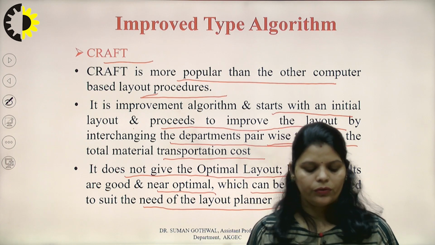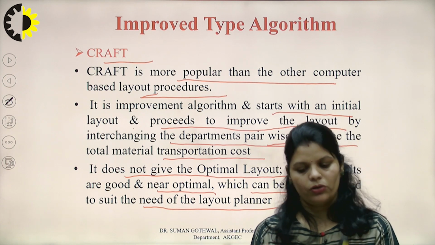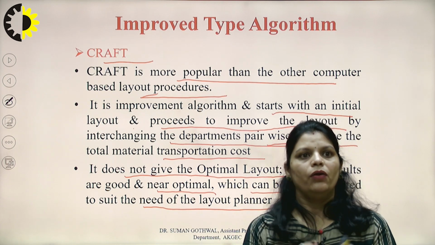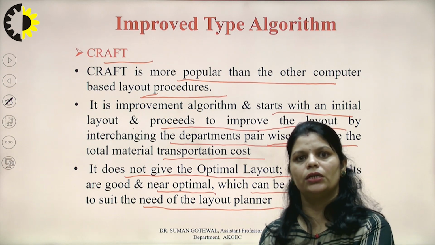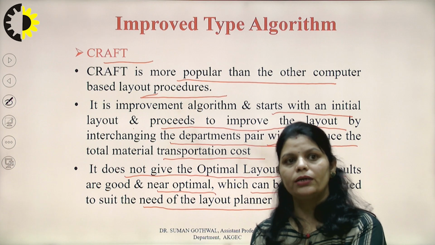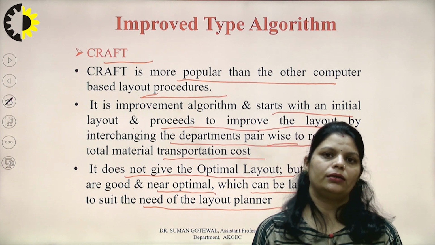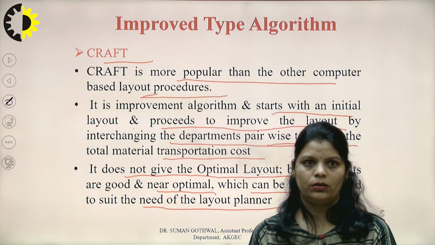And after we get the cost of the initial layout, we will compute the cost of handling with each pairwise interchange of the centroids of the departments, and we'll select the least cost.